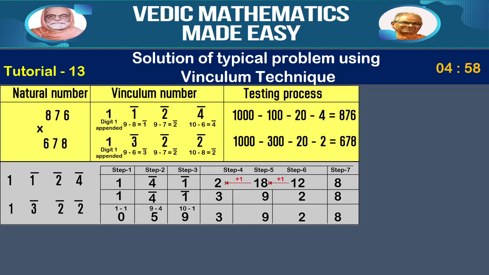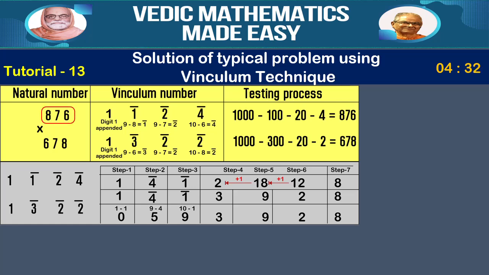But at every step, carry may appear because the numbers are large. And mentally you are required to multiply and add large numbers which may be error prone. So, first let us convert the given natural number into vinculum numbers.